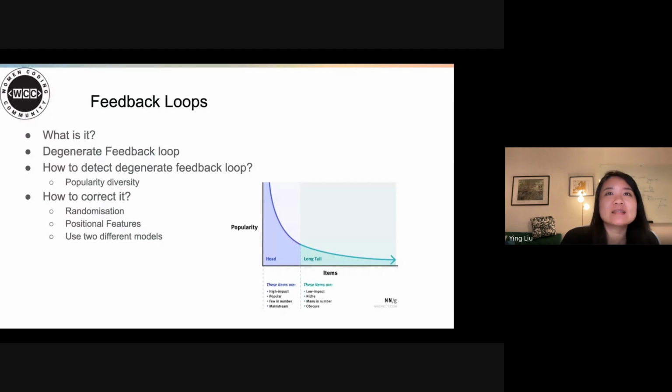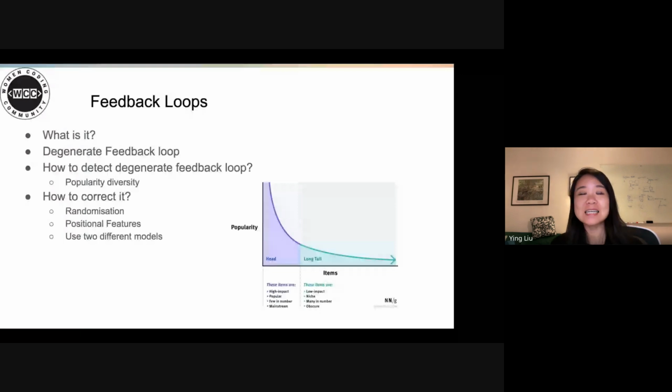Slowly, popular items start to become more and more popular, and the less popular items start to vanish from your list because they never got chosen. So they become less likely to be clicked and less likely to be recommended. This is degenerate feedback loop.